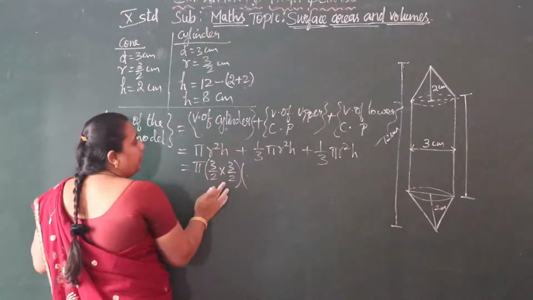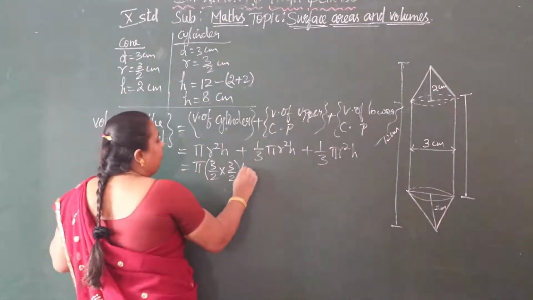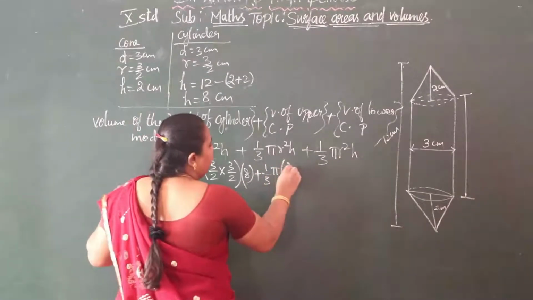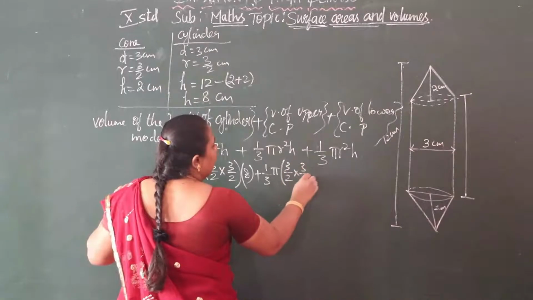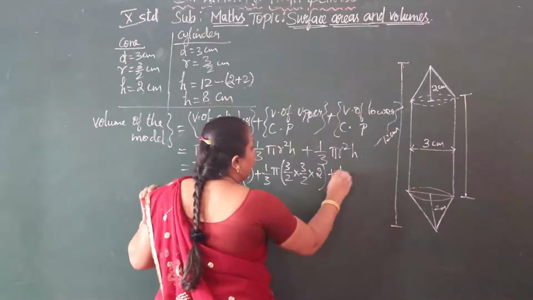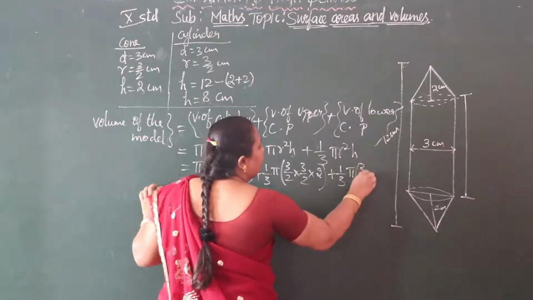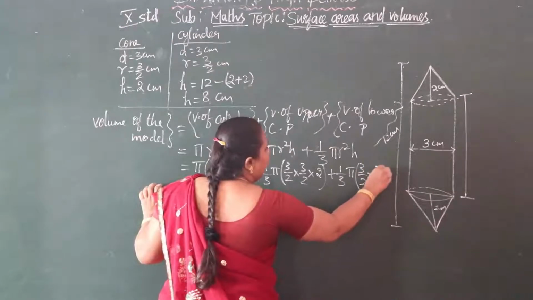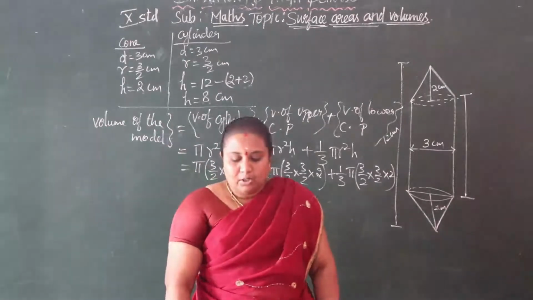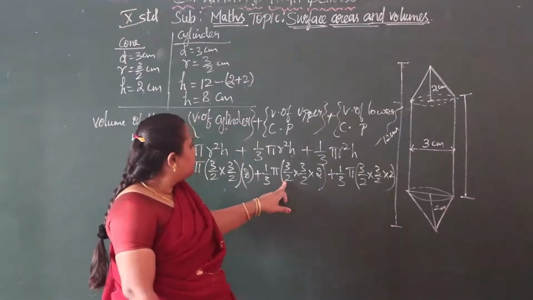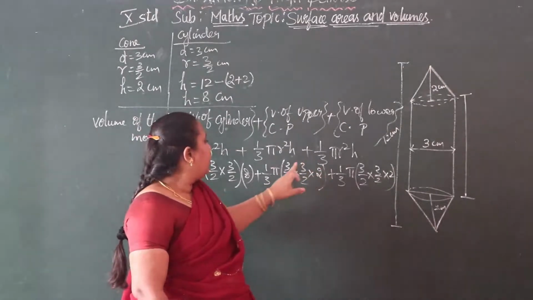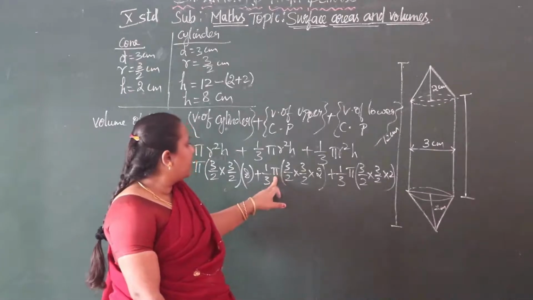So this is the value for the cylinder. Plus 1 by 3 pi into 3 by 2 into 3 by 2 into h, which is 2 centimeters for the cone. Here the 3 gets cancelled and the 2 gets cancelled, so we have 3 by 2 into pi.